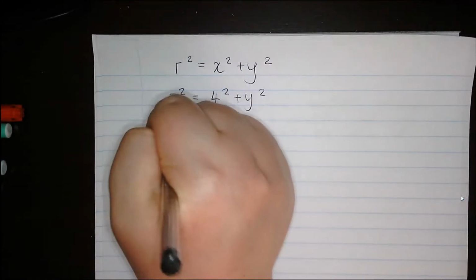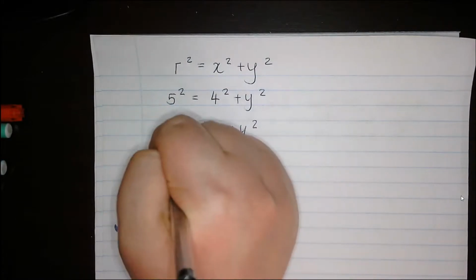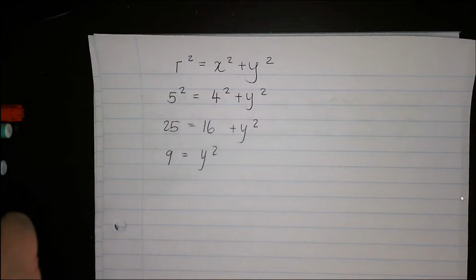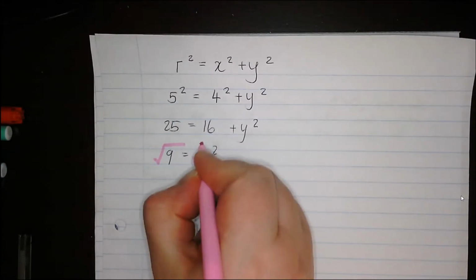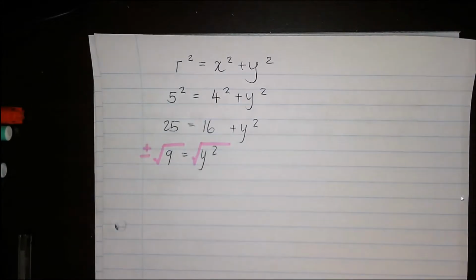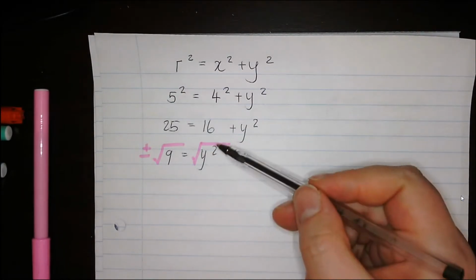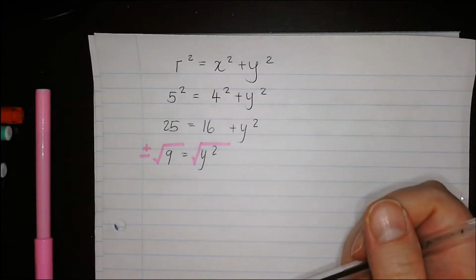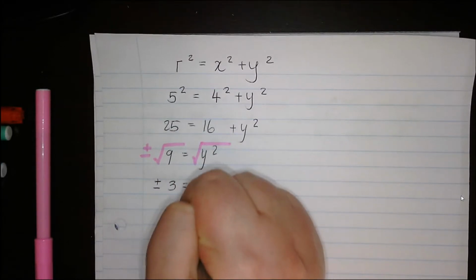So that's 25 equal to 16 plus y squared, which gives us 9 equal to y squared. When I take the square root on both sides, I must say plus or minus. This is due to the difference of two squares. Your teacher may have taught you using that or this shortcut. Both ways are correct. So y equals plus or minus 3.